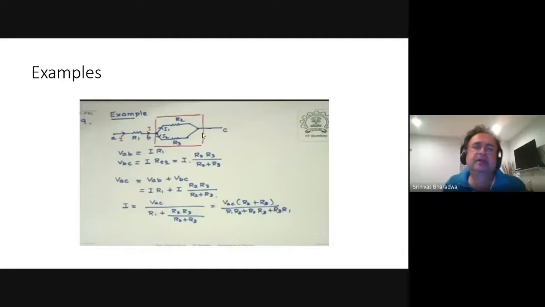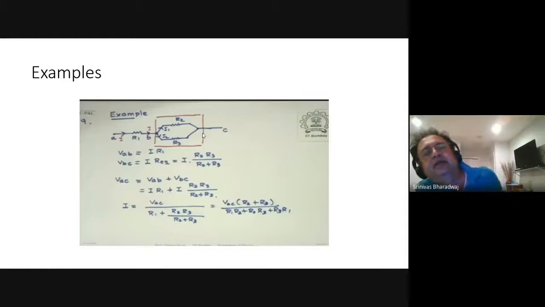VBC equals I1 times R2, which is also equal to I2 times R3, right? And therefore, you can write the ratio between I1 and I2: I1 by I2 will equal R3 by R2.